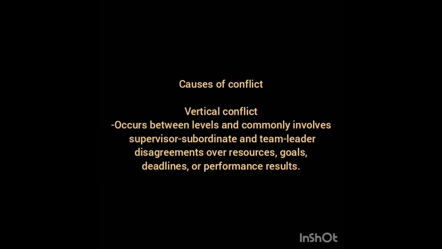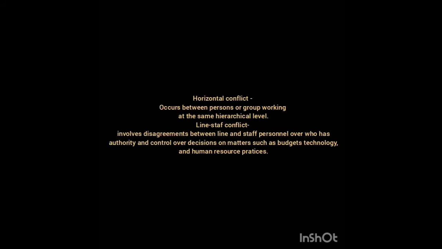Causes of conflict. Vertical conflict occurs between levels and commonly involves supervisor, subordinate, and team leader disagreements over resources, goals, deadlines, or performance results. Next is horizontal conflict.